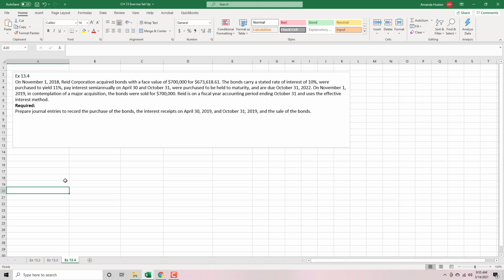So what we're going to do is put down the given information first. The first thing is we have a bond face value of $700,000. Then we have the purchase price of the bond, $673,618.61.